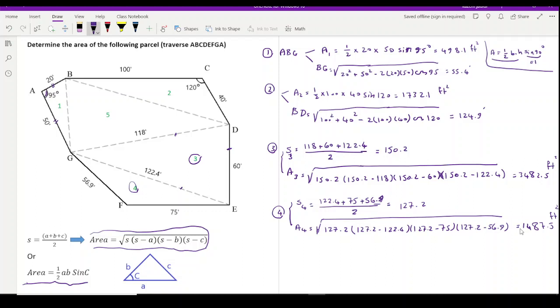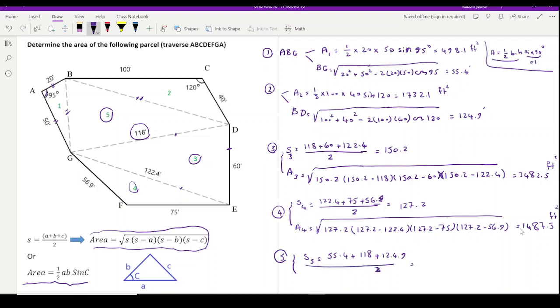What is left is A5, which is this one. We have already calculated this length, and we calculated this length, and the third length is also given. Therefore, again using this method, first calculate S5, which is equal to 55.4 plus 118 plus BD, which is 124.9, divided by 2.